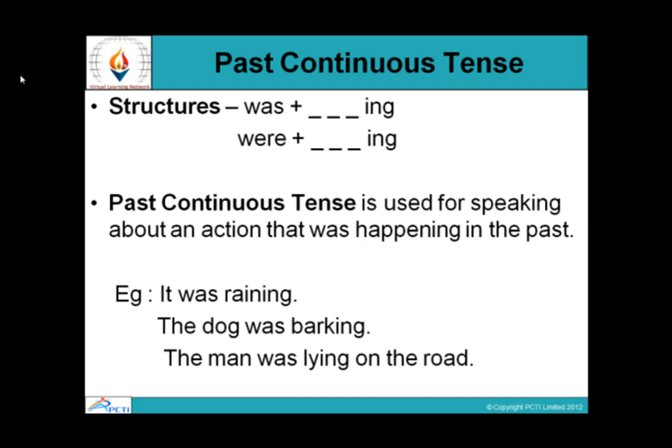At that particular moment in the past, the man was lying on the road. So, this is past continuous tense or past progressive tense because the action was in progress but in the past. It's all over now.